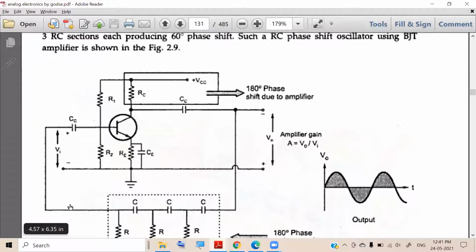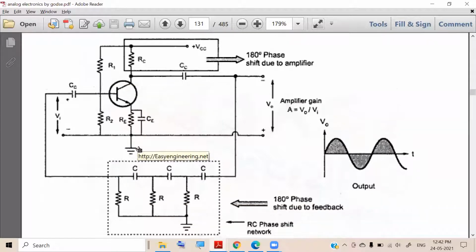They couple the feedback network to the amplifier, and the other job they do is block the DC from entering the feedback network. So the same explanation applies.